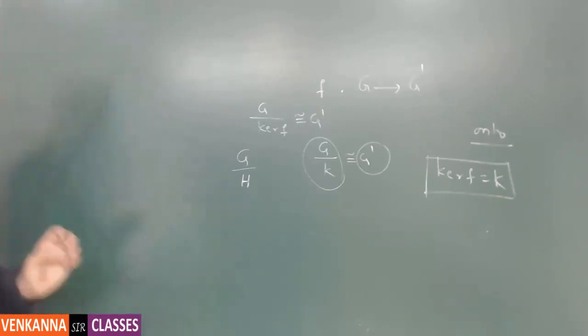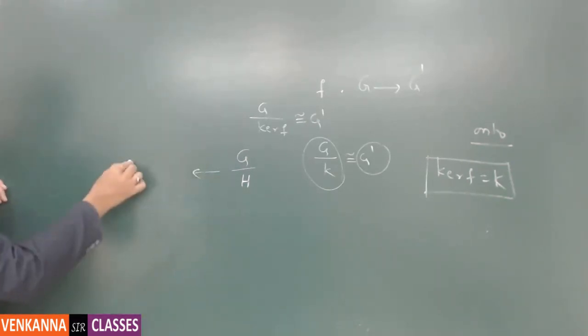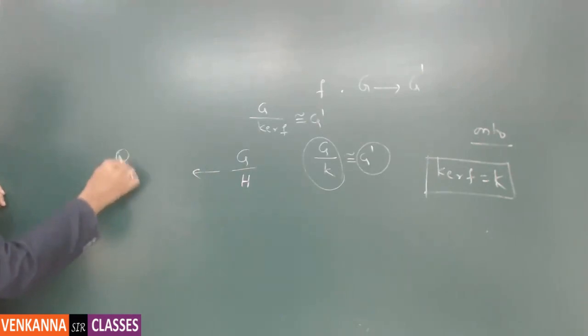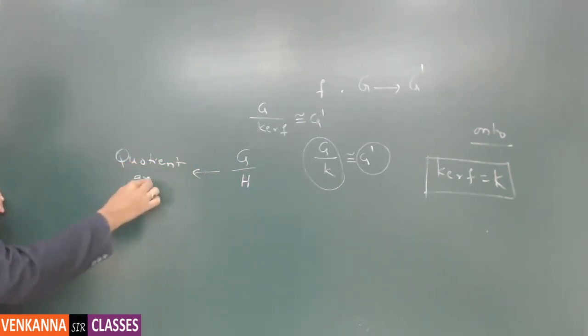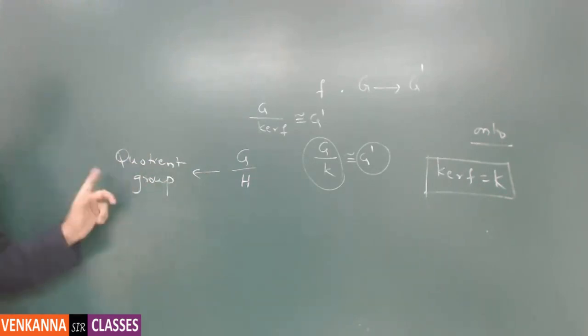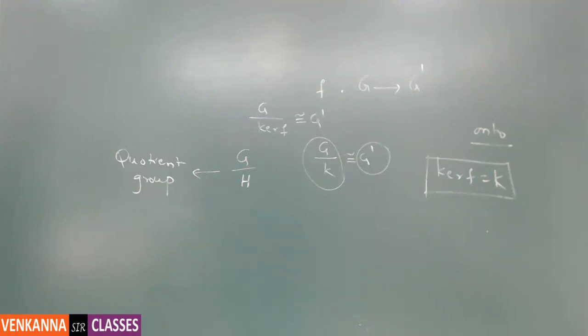All right. We call this a quotient group. Can you recall the definition I have given in the previous session? I hope so. All of you? Say.